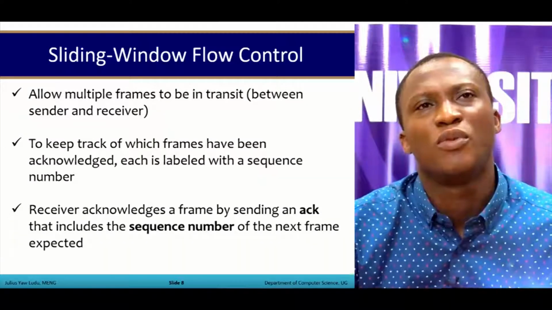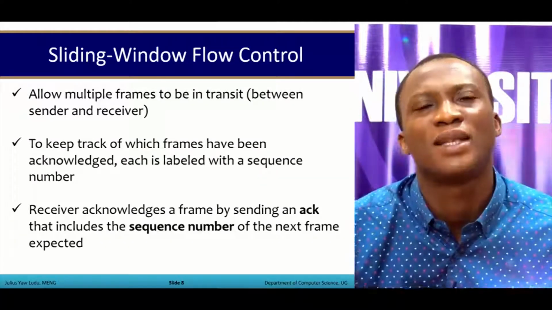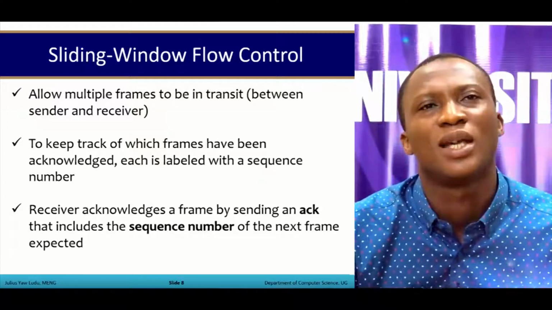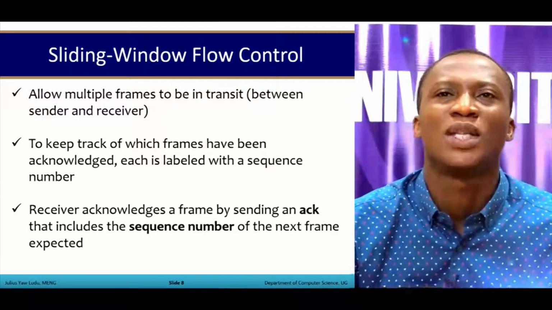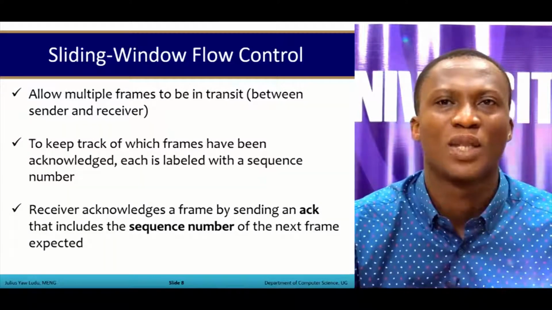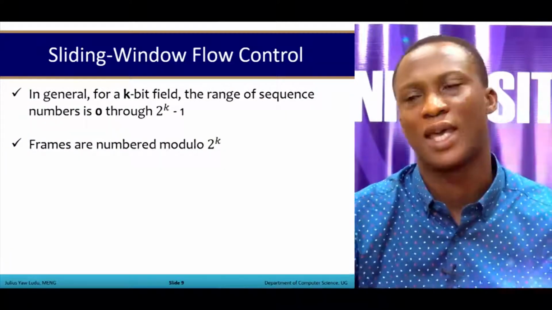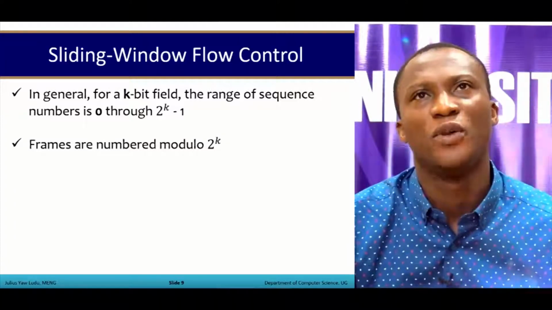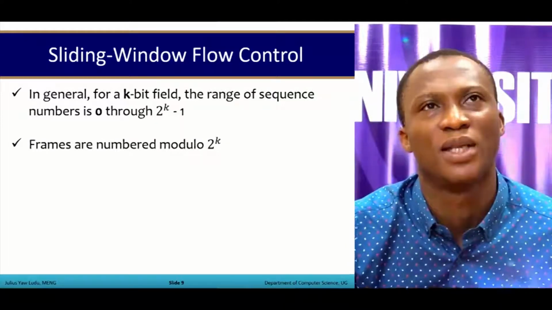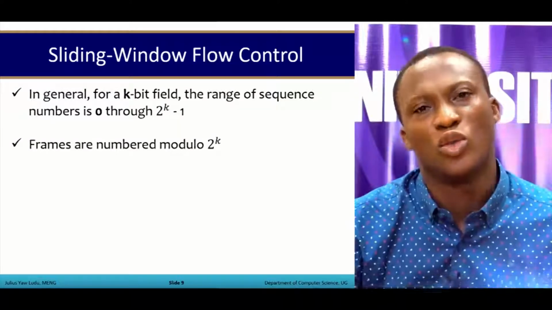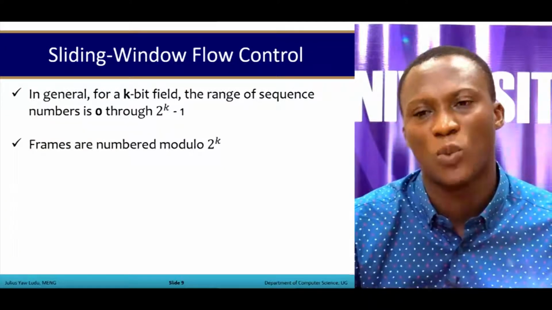The receiver acknowledges a frame by sending an acknowledgement which includes the sequence number of the next frame that it is expecting. In general, for a k-bit field, the range of sequence numbers is from 0 through to 2 raised to the power k minus 1.